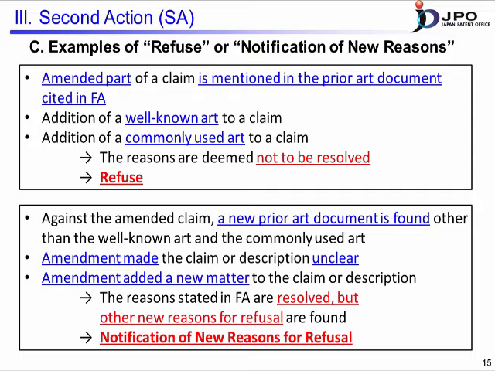In these cases, the reason for refusal stated in the FA has been resolved, but other new reasons for refusal are found, and the notification of reason for refusal is therefore sent in an SA. We will look at examples of these cases beginning with the next slide.